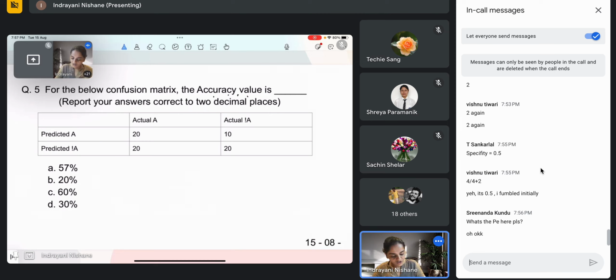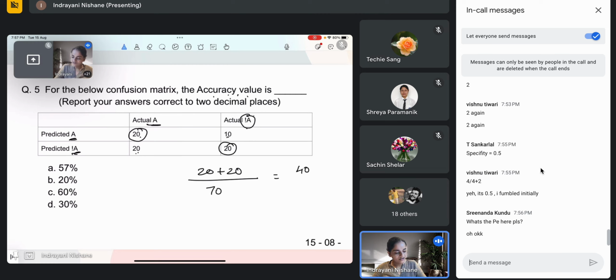Actual is A and predicted is also A, 20, plus actual is not A and predicted is also not A, 20, divided by the total sample size, which is 20 plus 10, 30, 30 plus 50, 70.